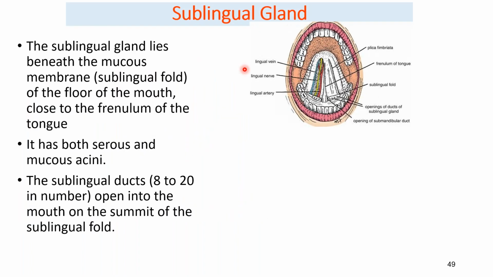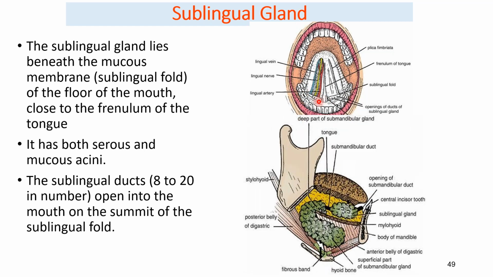Now, a brief about the sublingual gland, because we did this gland together with the submandibular portion of it. It lies in the sublingual fossa, and it has both serous and mucous acini, and the multiple ducts open into the mouth at the summit of the sublingual fold that we had seen.